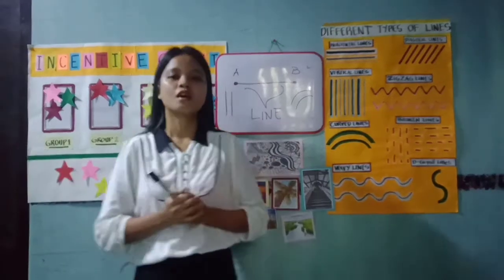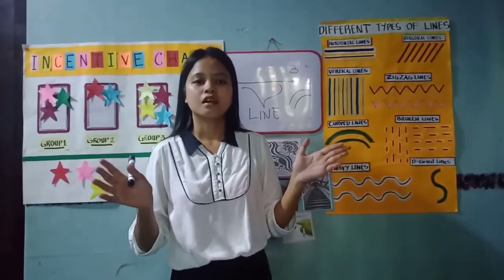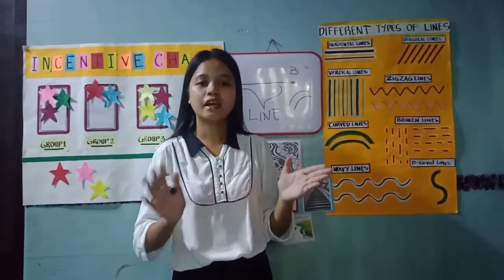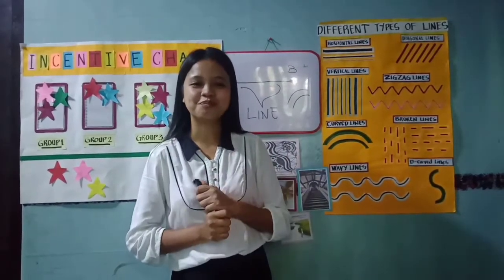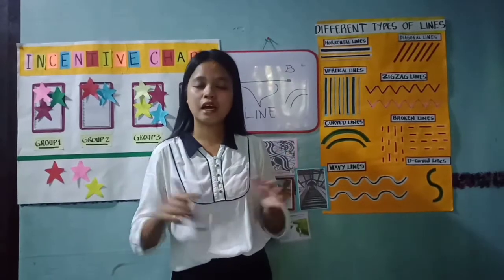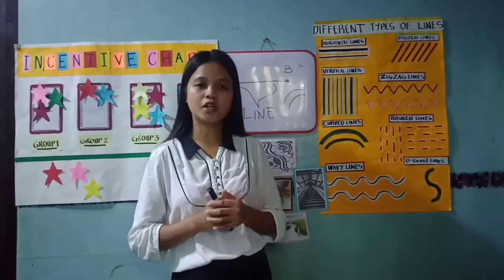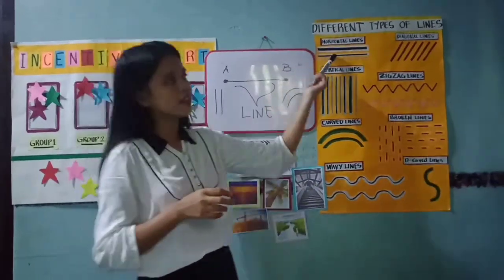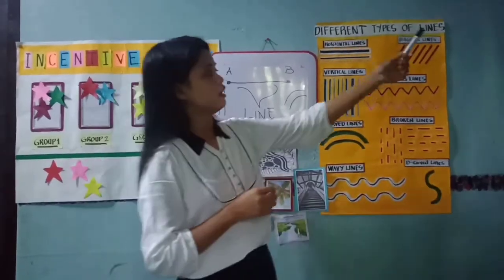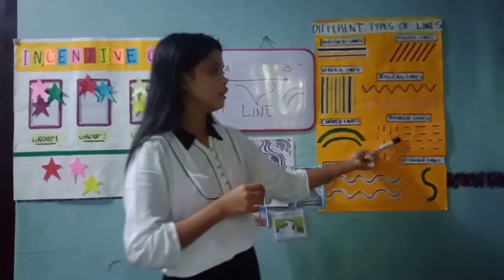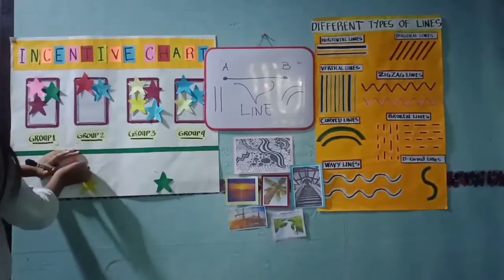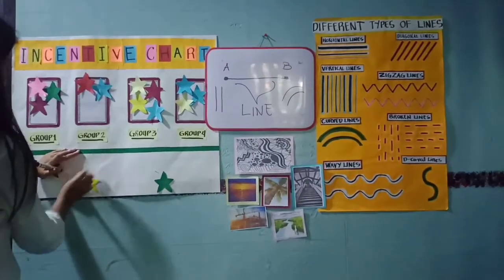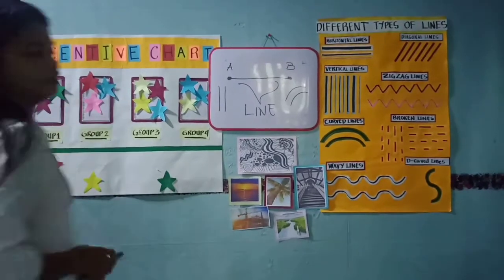Okay. So what about the lines under the straight group? Yes, group 2. Very good. The lines under the straight group are the horizontal line, vertical line, diagonal line, and the broken line. So let's add a star on your notebook. Very good.